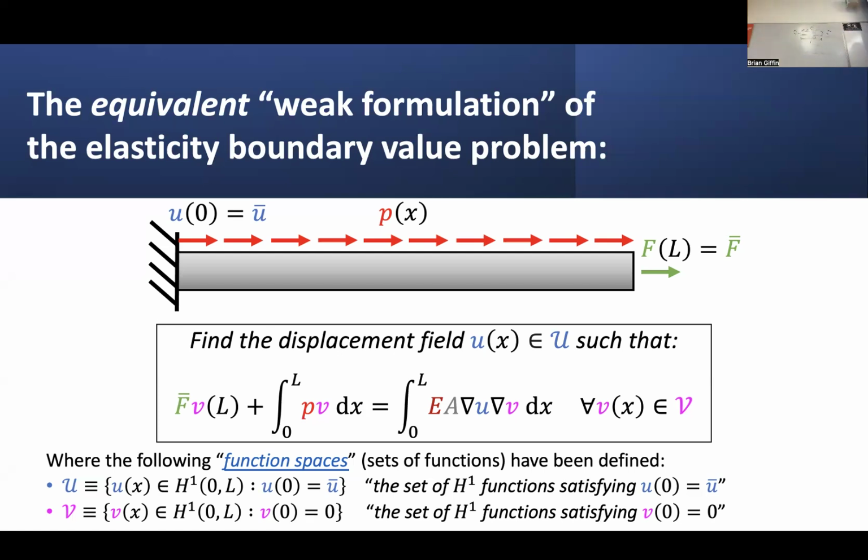Clearly, in that case, I would get some kind of nonsensical result here. So at a minimum, I require that this particular function u and also, in fact, v, that they have to have their first derivatives be at a minimum integrable in this kind of L2 integration sense.